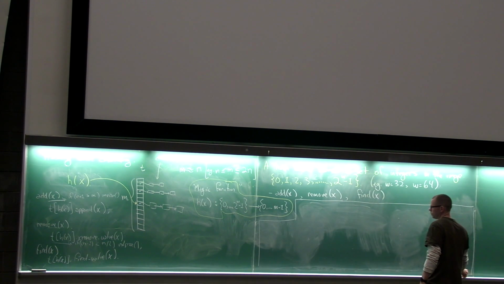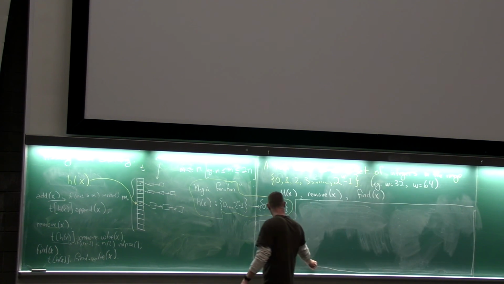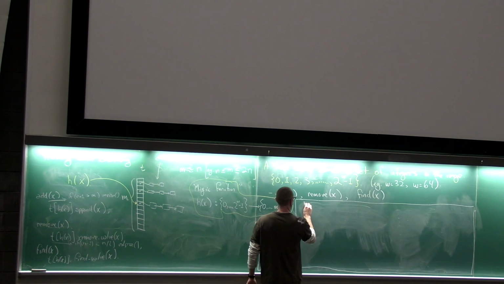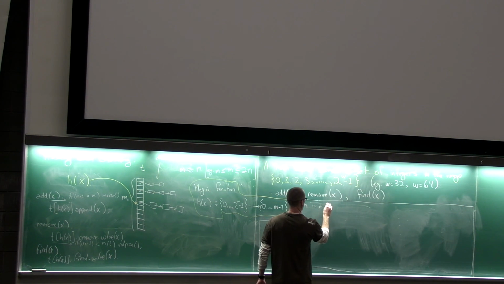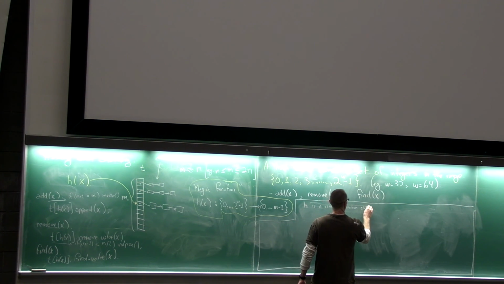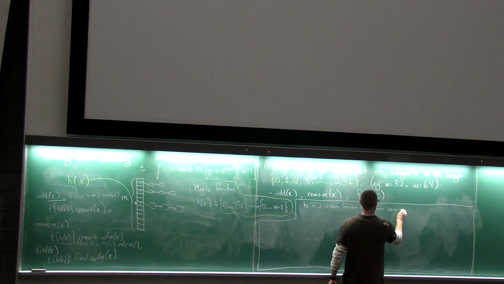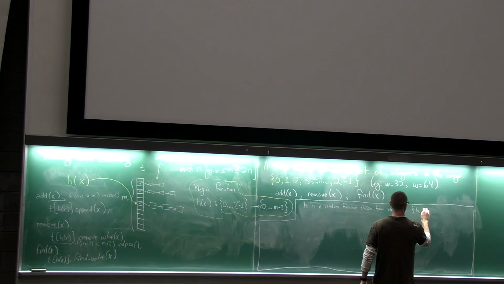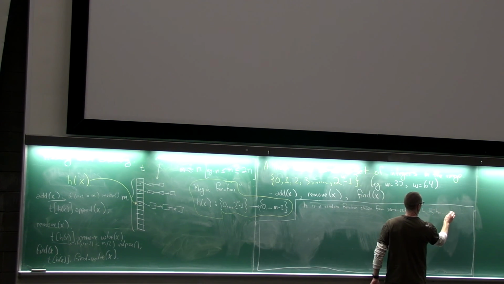First of all, I'm going to be a little bit informal here. So h will be, let's say, a random function chosen from some set h1, h2, h3, h4. I don't know how big this set is.